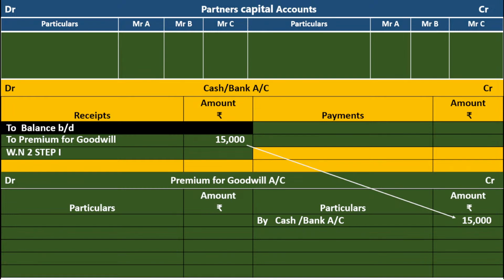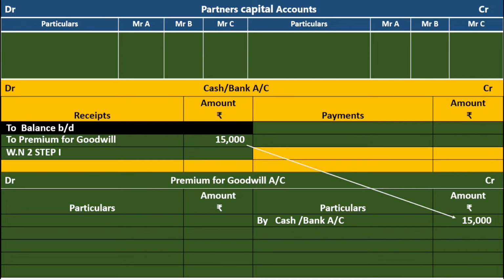When the new partner brings the cash for goodwill, cash or bank account debit to premium for goodwill. When you are preparing the premium for goodwill account, it is credited, so we should write on the credit side. Premium for goodwill account is credited by cash or bank account. This is step number 1.